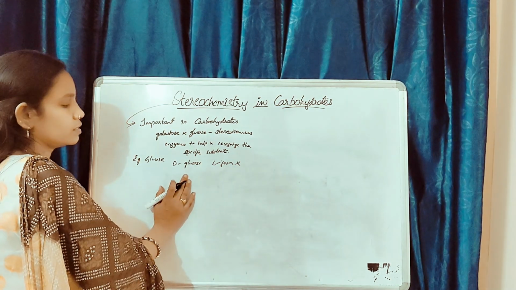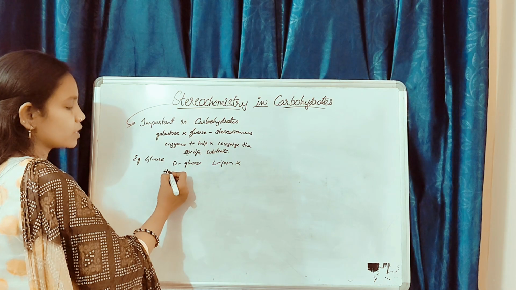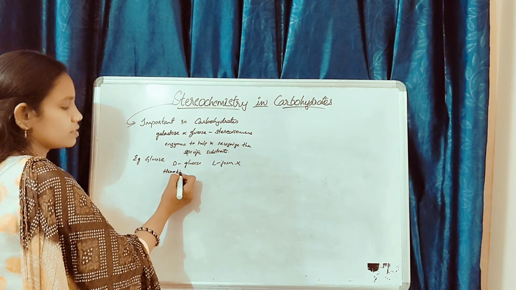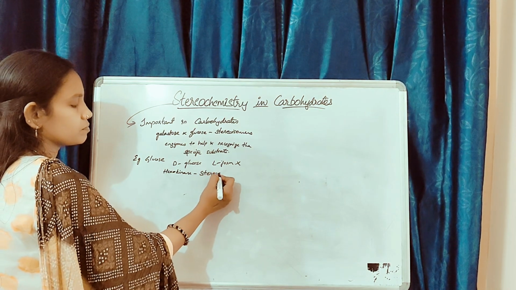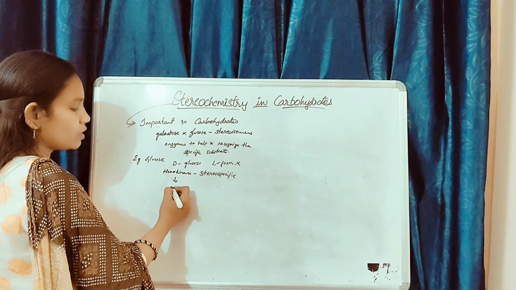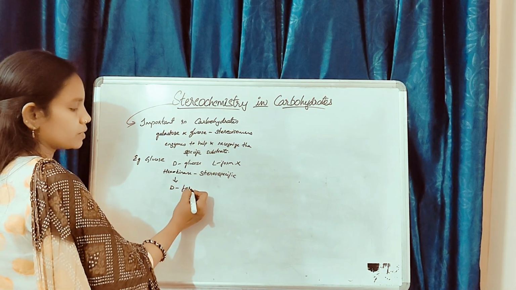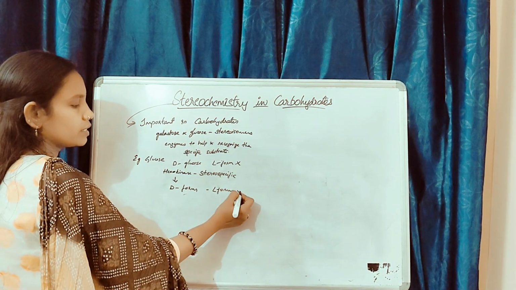Why? Because the enzyme hexokinase is stereospecific, means it acts particularly on D forms but not L forms, right?